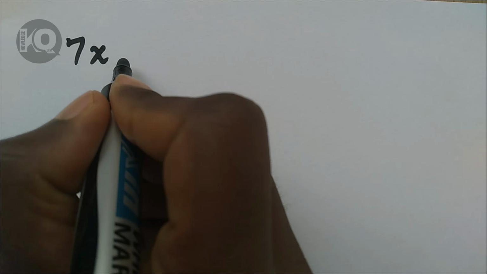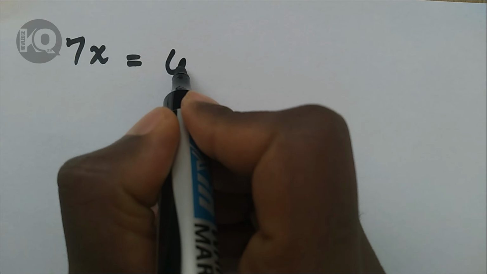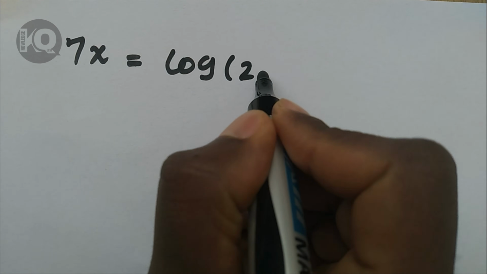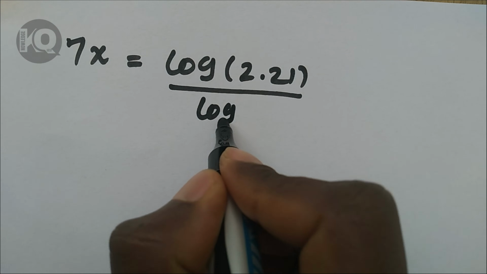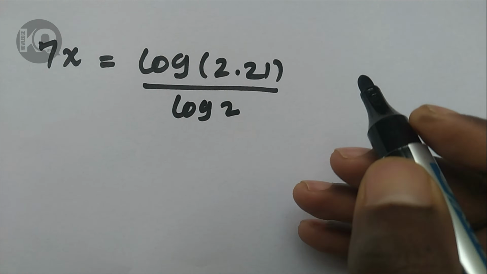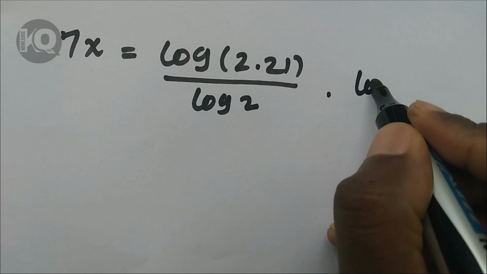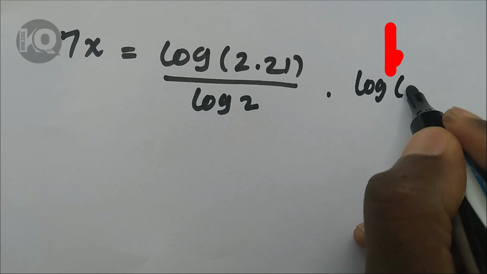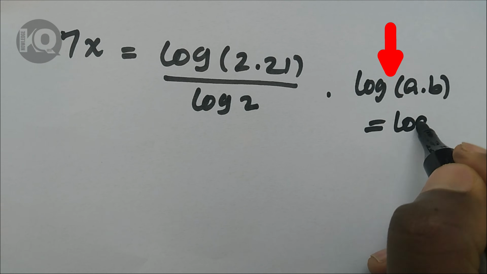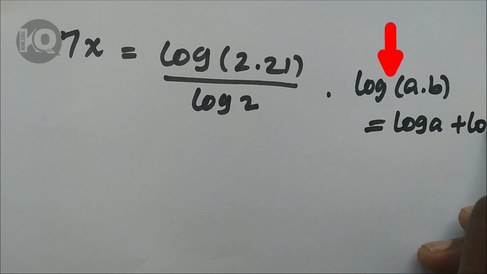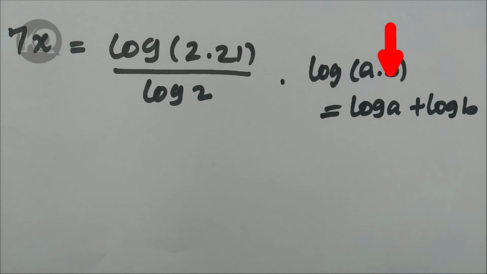So now we have 7x, which is equal to log of 2 times 21 divided by log of 2. And we know that log of a times b is equal to log of a plus log of b.